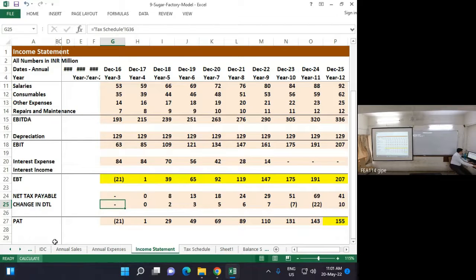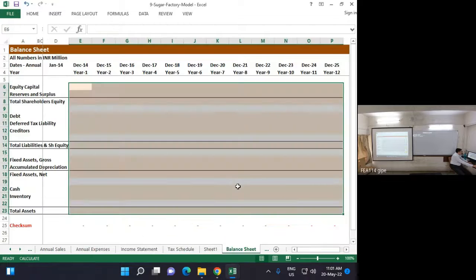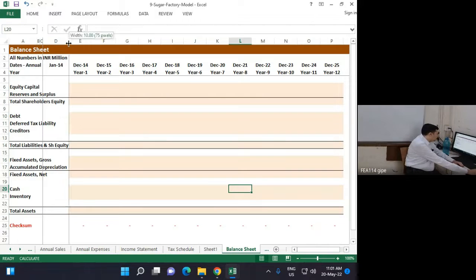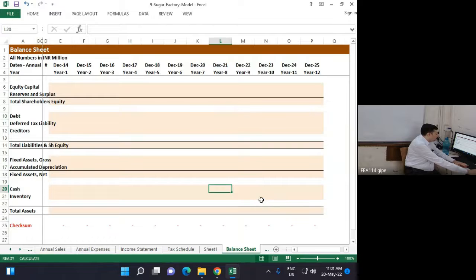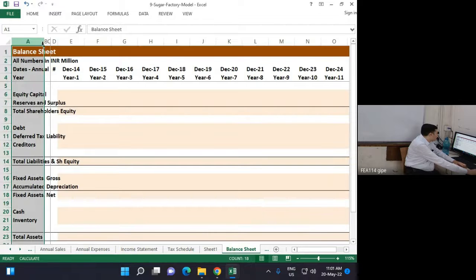Okay, making the balance sheet is very similar to how you did the income statement. All you have to do is just link up line items from the other pages.